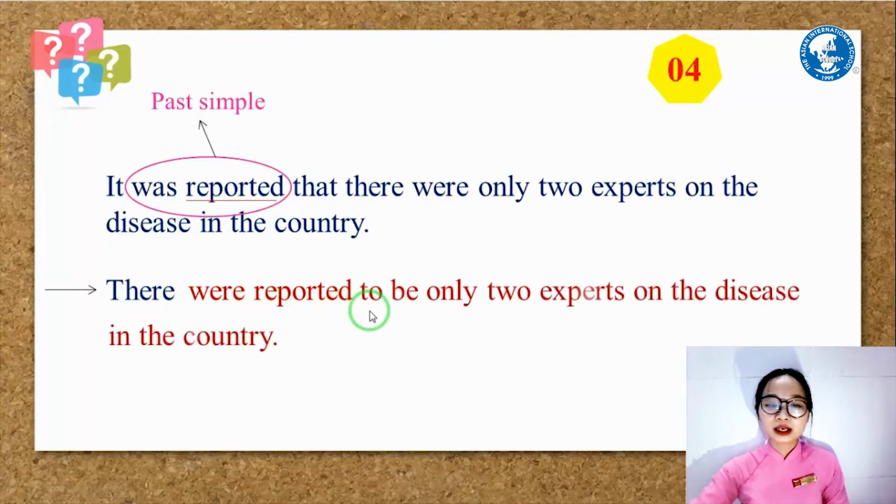And after that is to be only 2 experts on the disease in the country. Do you wonder why we use were here? Do you remember, be after there will be given the plural or singular form depending on the noun. So now here is experts, 2 experts. So plural noun, so we need were.